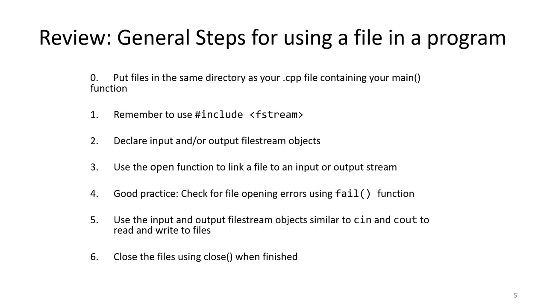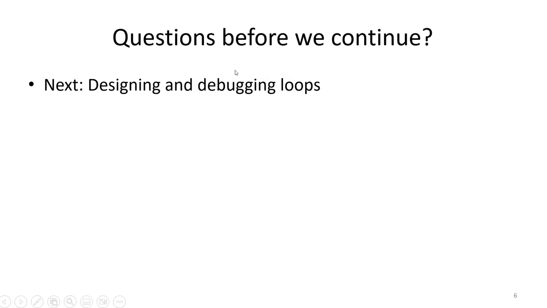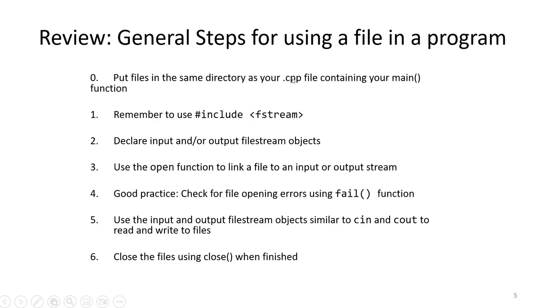All right, and the last thing that we learned in our previous video is we learned the general steps for using a file in a C++ program. So the steps are summarized here. Remember that you want to put your data files in the same directory or the same location on your computer as your CPP file that contains your main function.